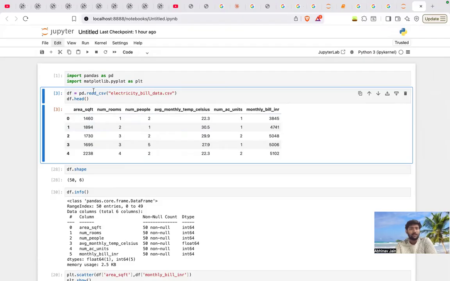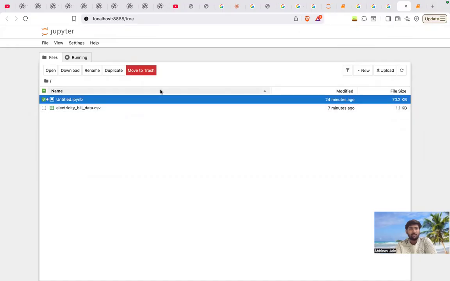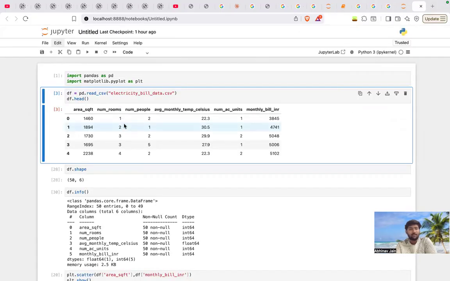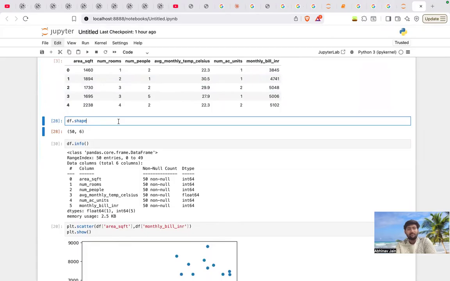So first we imported all these. We have a CSV file. I made all these numbers using Claude, and then we check the size of this file, and that is 50 rows and 6 columns. See, 1 2 3 4 5 and 6.